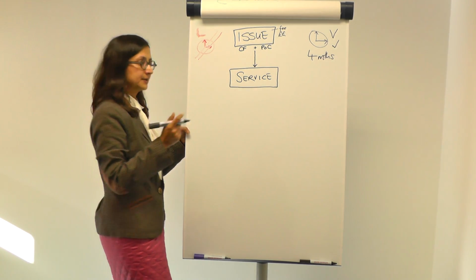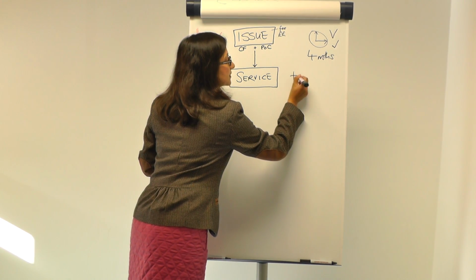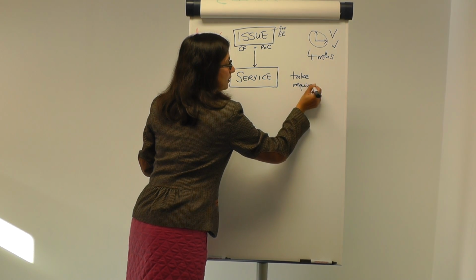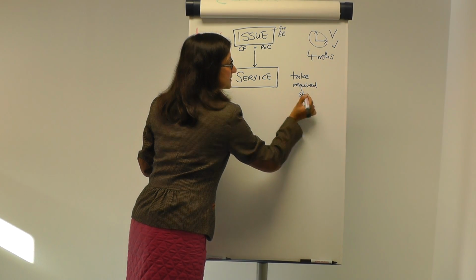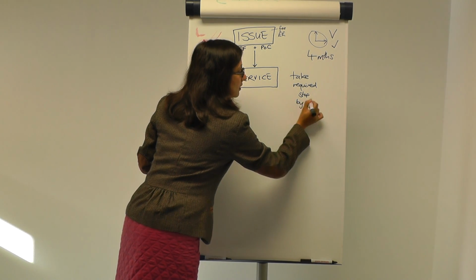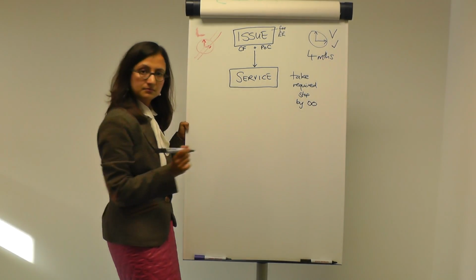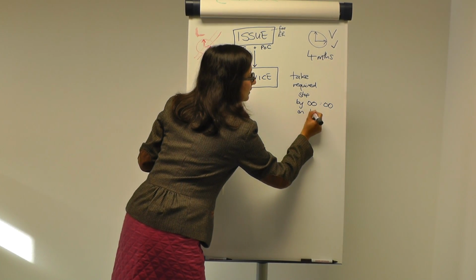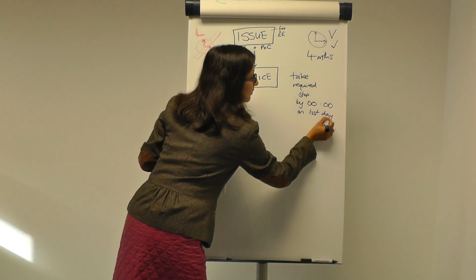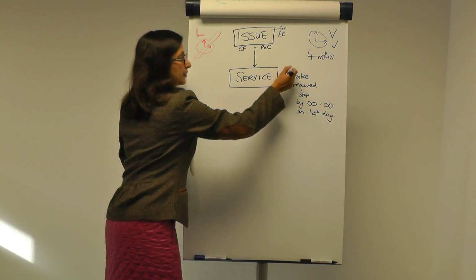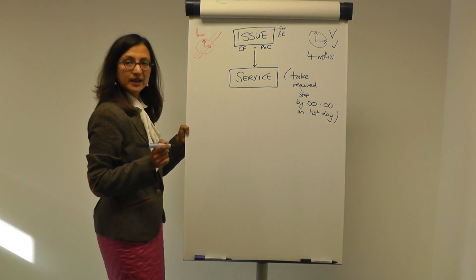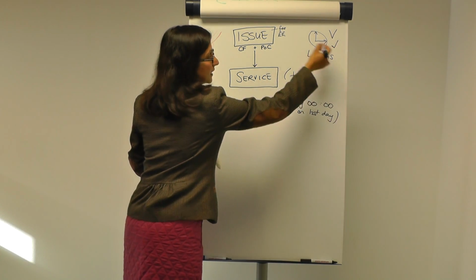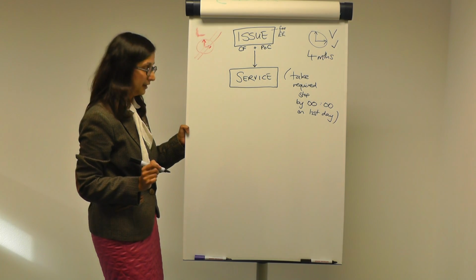What needs to happen is that the claimant has to take the required step by midnight on the last day of the validity. So that's a little note that we have to remind ourselves of in relation to that 4-month period.